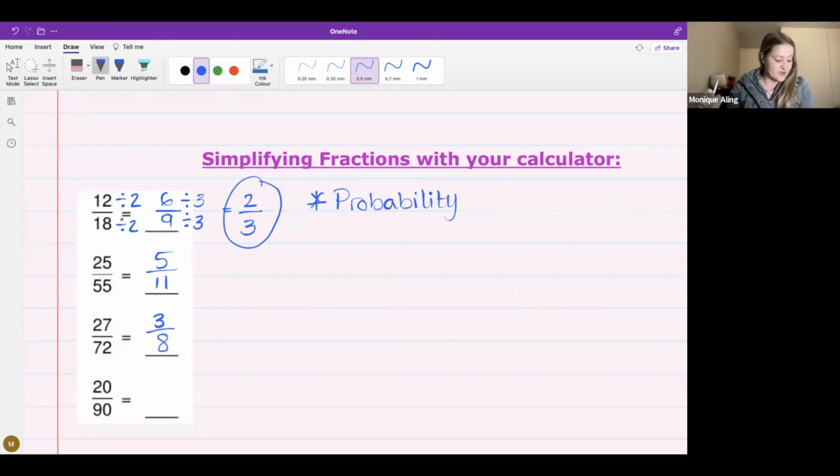And the last one, 20/90 simplified is? 2/9. 2/9. Well done. Thanks so much, Ben. Good hearing from you again. Well done. Thank you, Ben.